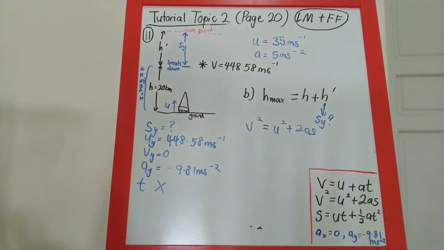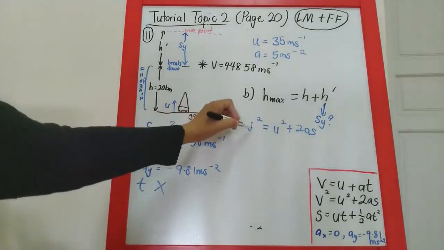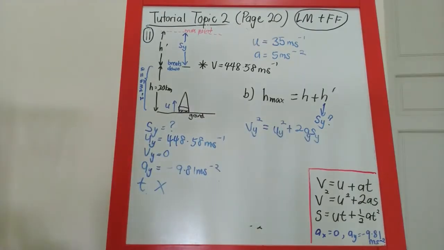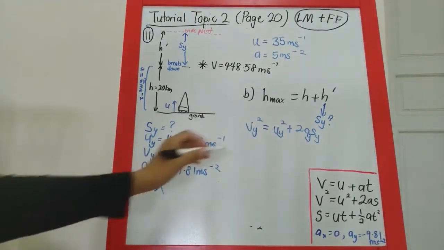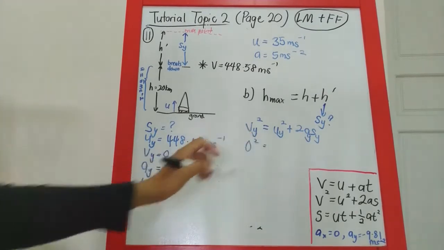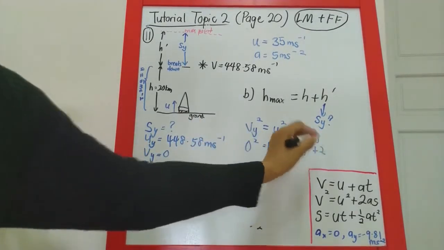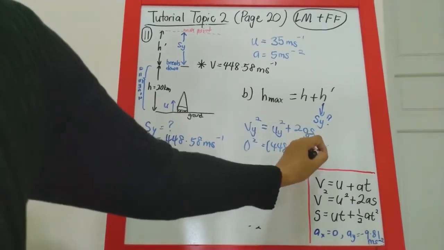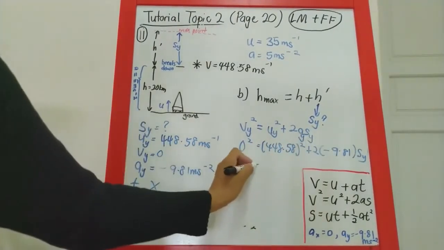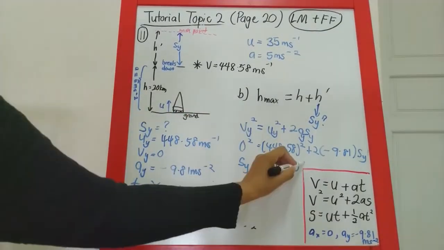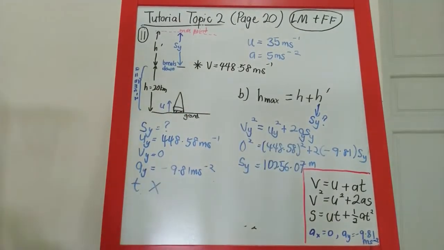Remember to label everything with the component that you are using. Free fall only consists of y component. Substitute. Uy is this. Therefore, the value of sy is this.